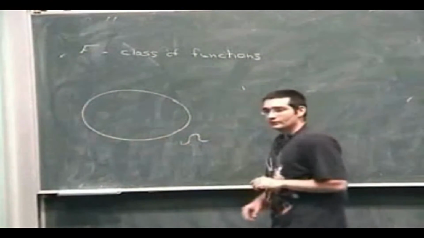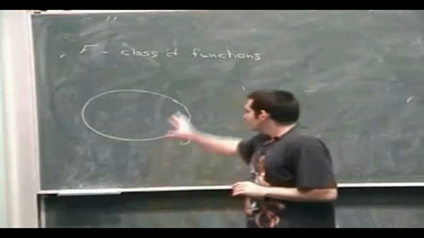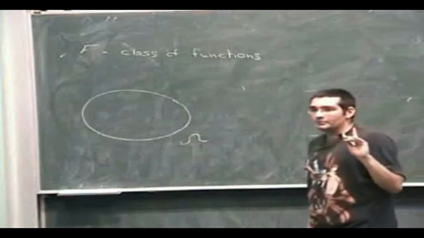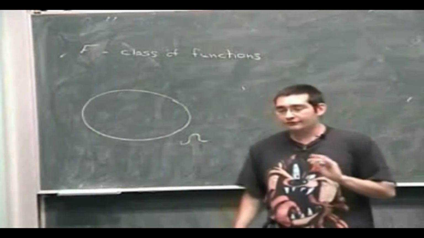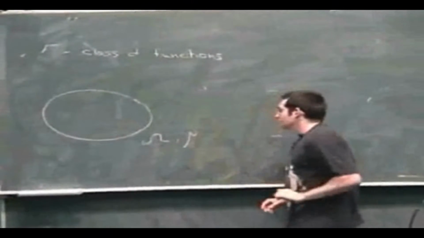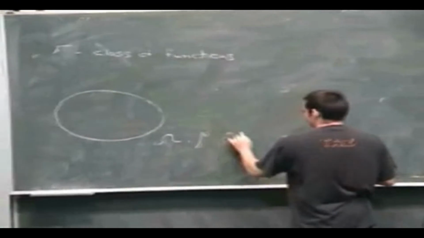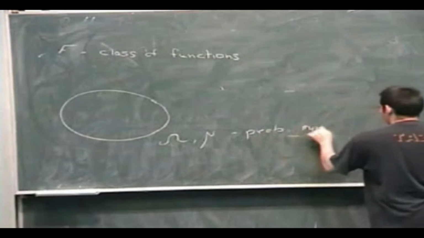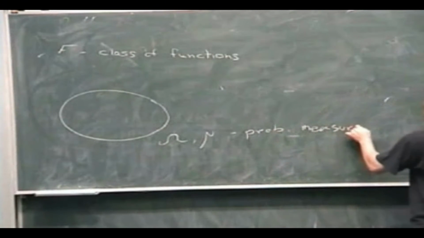Now, you have a function which can be any function in the world, assuming that it's bounded, for example. And what you're trying to do is to find, in some sense, the best approximation of your unknown function within your given class of functions.